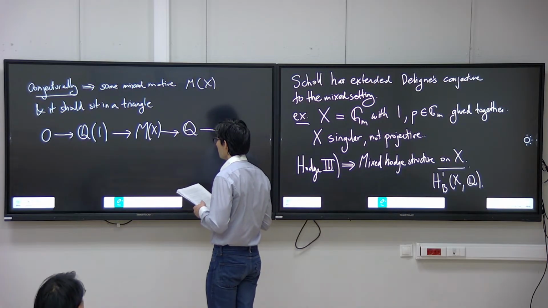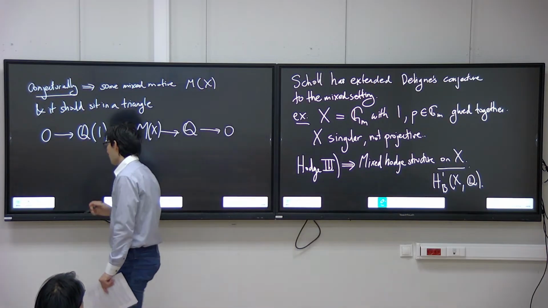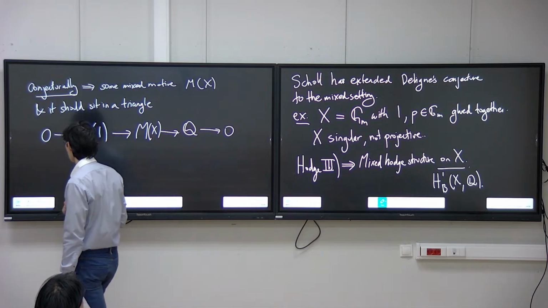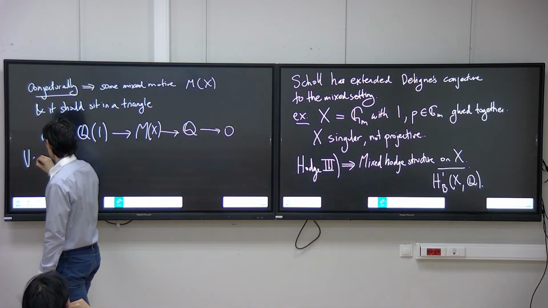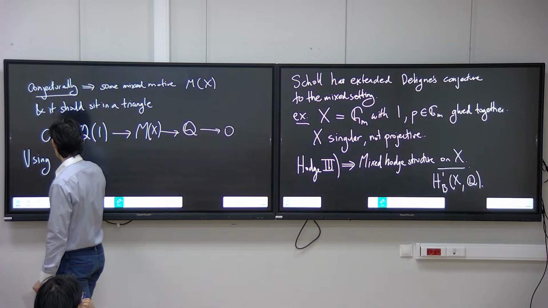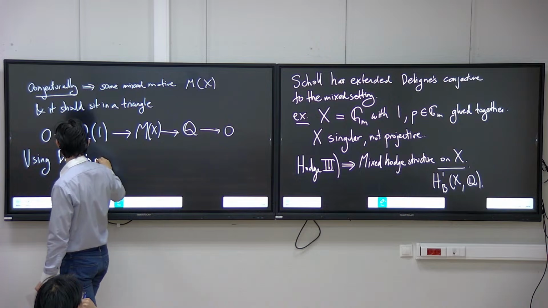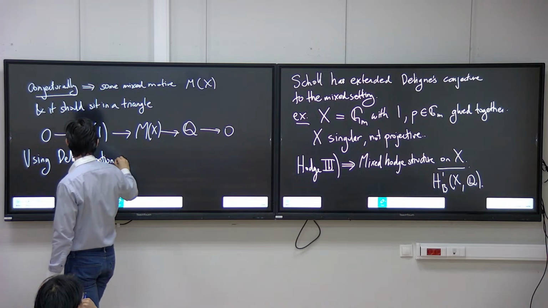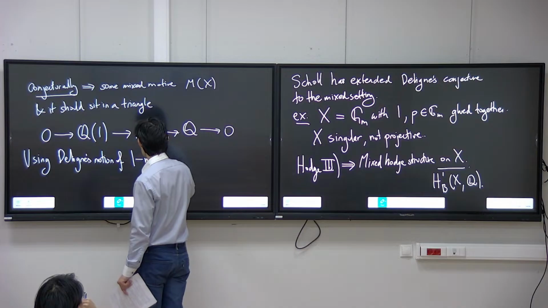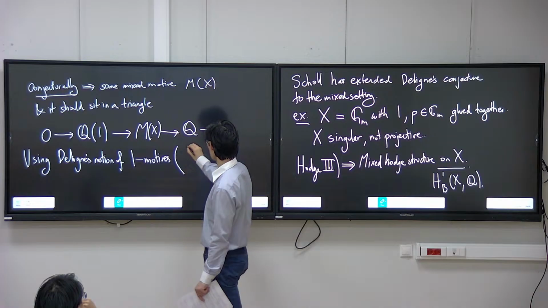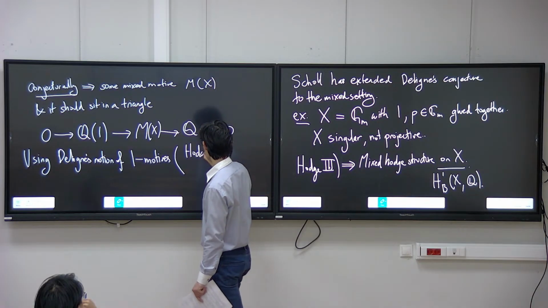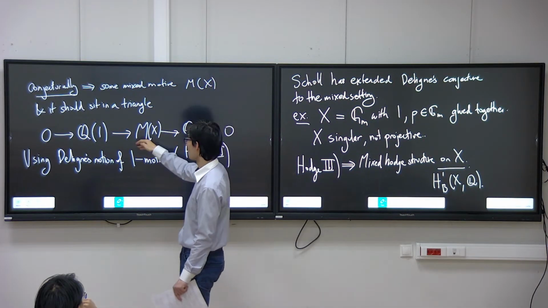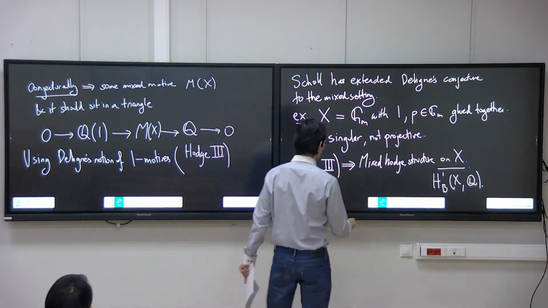And moreover, using Deligne's notion of 1-motives, also defined in his Hodge 3 paper at the very end, we can actually compute the L function of M. So it looks like this.